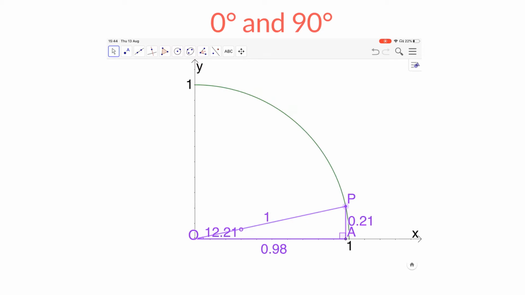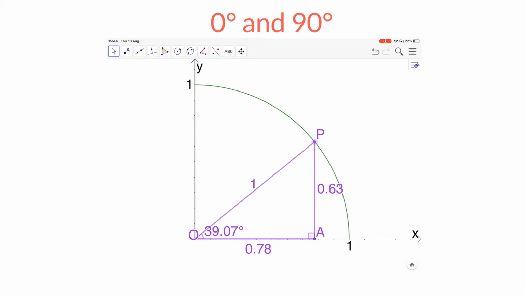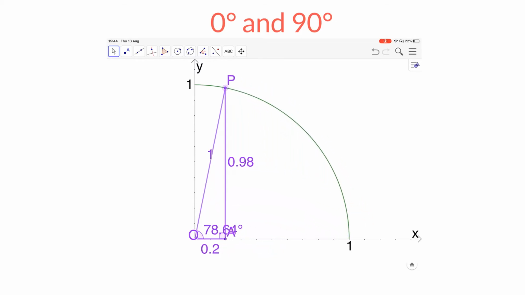And my value for cos will be the adjacent side, a larger side, over the hypotenuse, and it will start approaching 1. Let's consider what happens as my angle gets larger. Can you see that as my angle gets larger, my opposite side approaches 1, and therefore the sine ratio will increase in size, but the cos ratio will decrease in size.